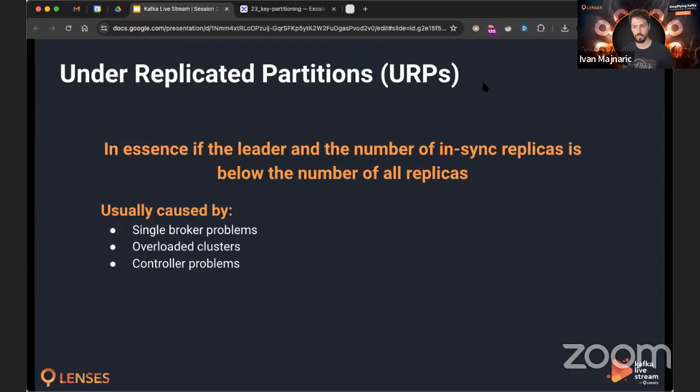Under-replicated partition is a term; in essence, it's an effect, an action that happens, whether it happens naturally or is invoked, or it came suddenly. In essence, it tells you that something is wrong with your replicas. As the name says, if the leader plus the number of in-sync replicas is below the number of all replicas in the cluster, that means you have under-replicated partitions.